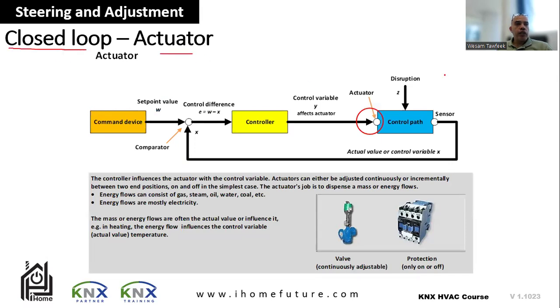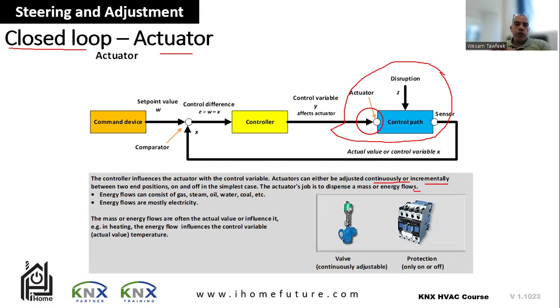And the actuator here should be able to sense and respond to these temperature changes. So the controller influences the actuator with the control variable. Actuators can either be adjusted continuously or incrementally between two end positions, on and off. In the simplest case, the actuator's job is to dispense a mass of energy flows. Some of the actuators only use on/off.